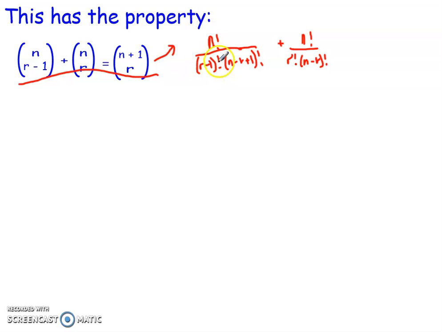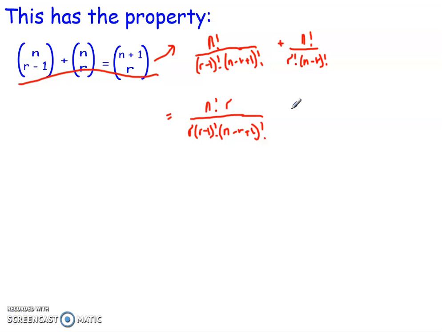Well, (r minus 1) factorial is just one term away. So if I multiply this (r minus 1) factorial by r, I get r factorial. So that fraction on the left I can write as n factorial times r over r, bracket r minus 1 factorial, and then keep the second bracket the same, n minus r plus 1 factorial there.